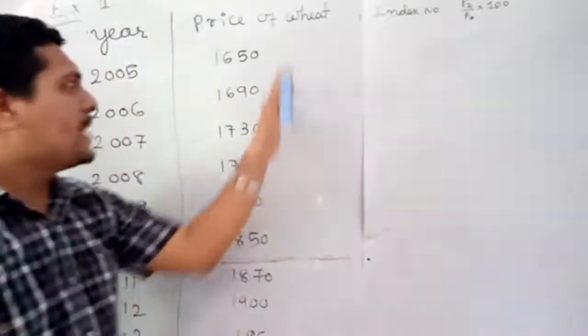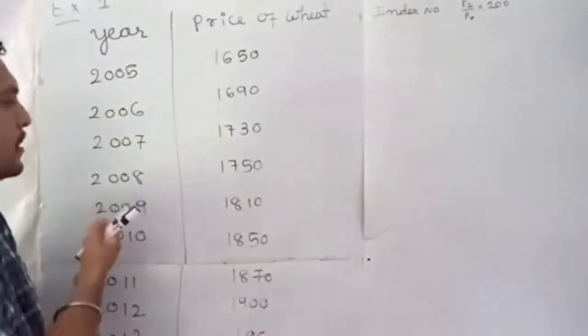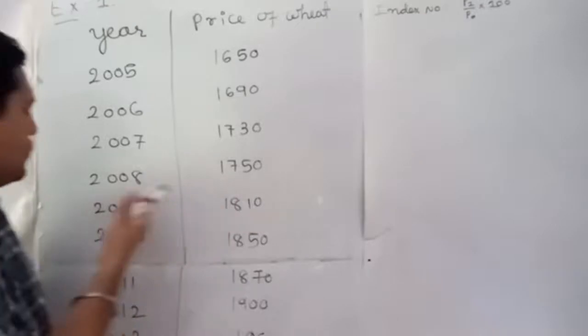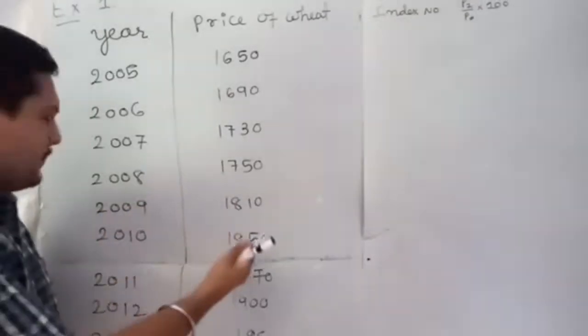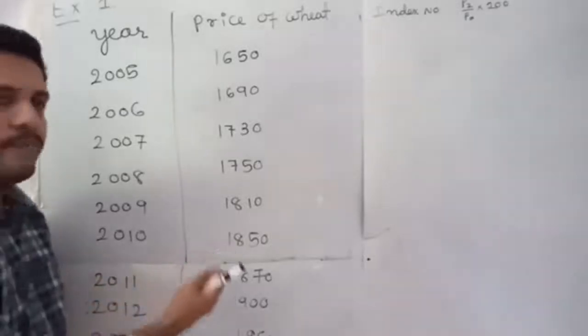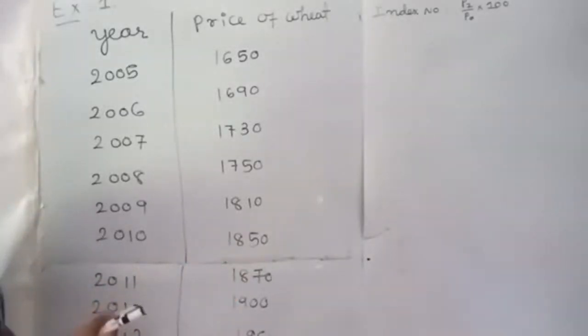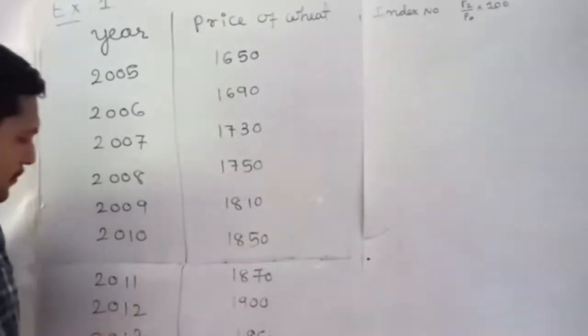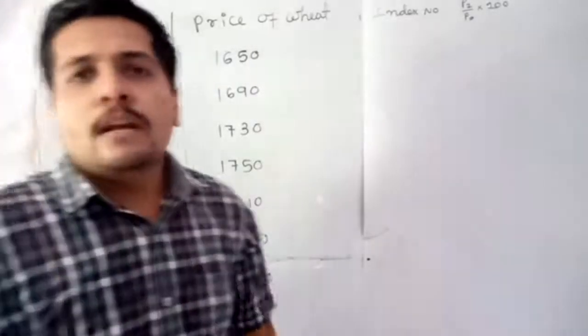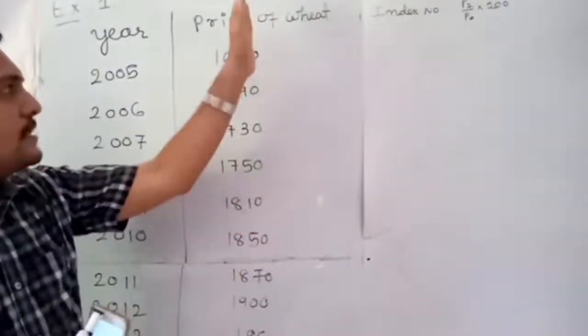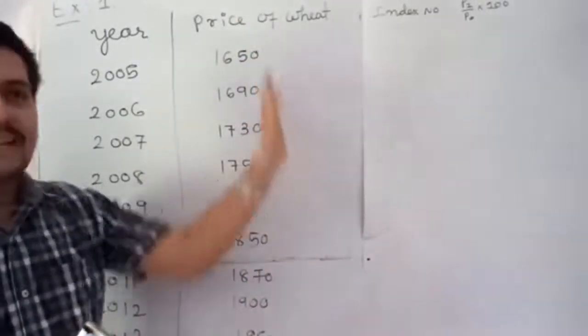After that, in 2008 it is 1750, 2009 is 1810, 2010 is 1850, 2011 is 1870, 2012 is 1900 and 2013 is 1950. So comparatively, we have all these prices in increasing order.